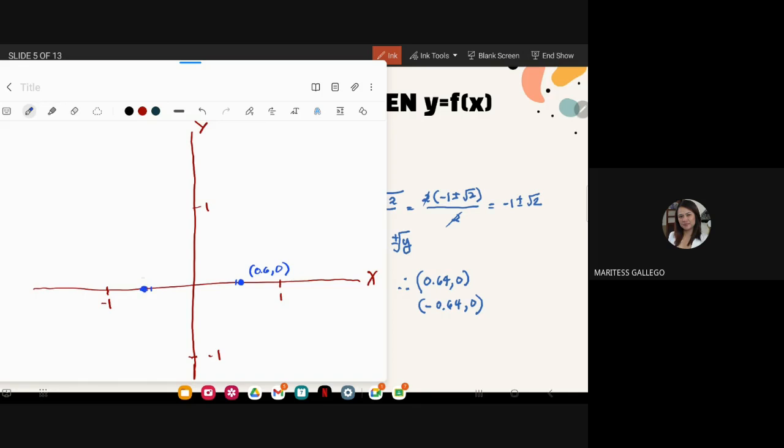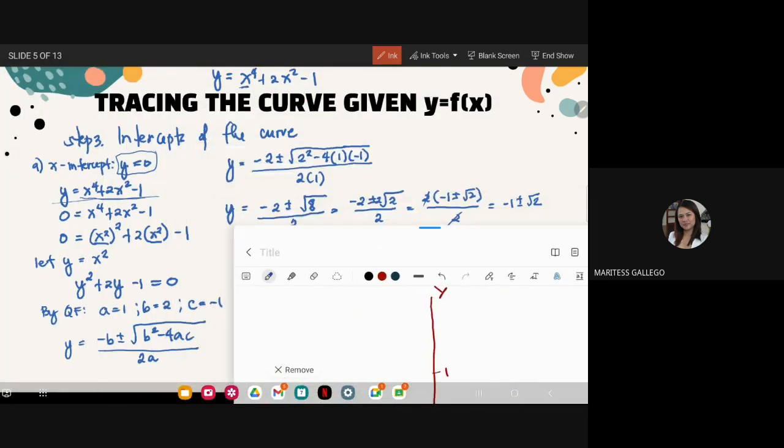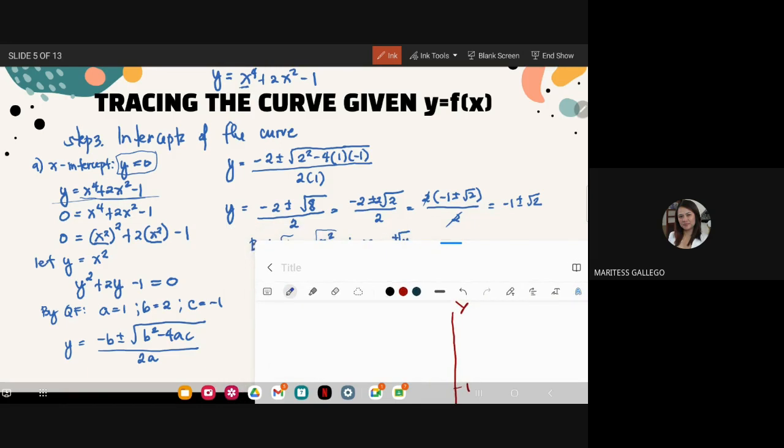So this is now your negative 0.6 and then 0. Okay. And then, yan yung ating x-intercept, intersection to the x-axis.